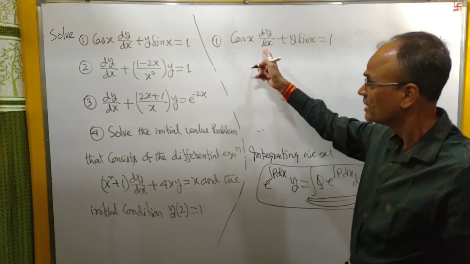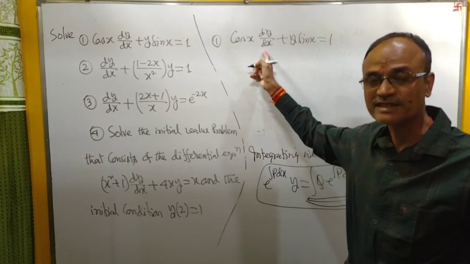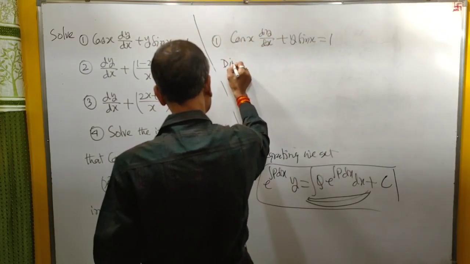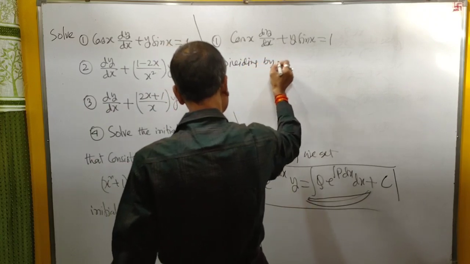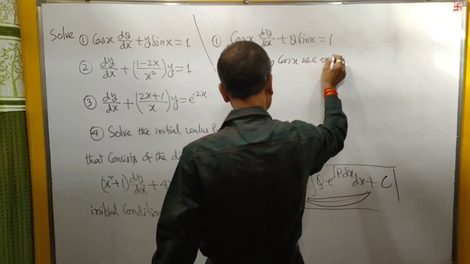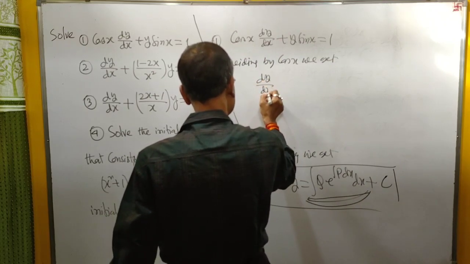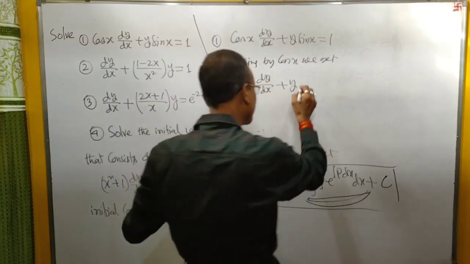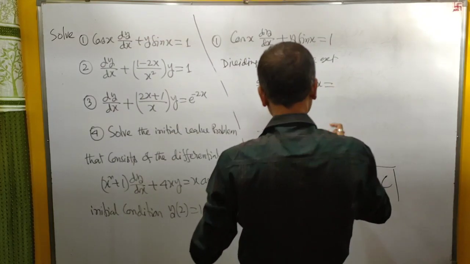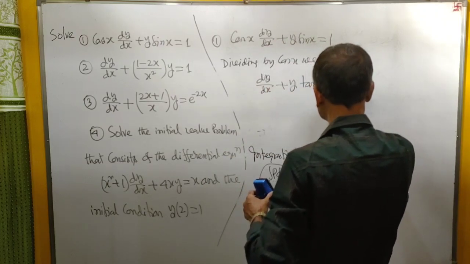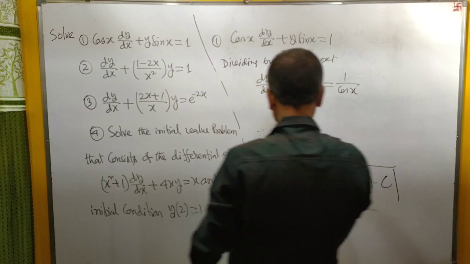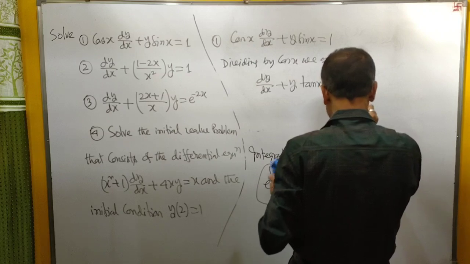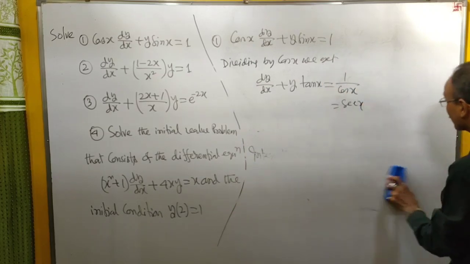Now dividing the differential equation by cos x, we get dy by dx plus y, sin x by cos x, which is tan x, equal to 1 by cos x. 1 by cos x, you may write, is just sec x. This is equal to sec x.